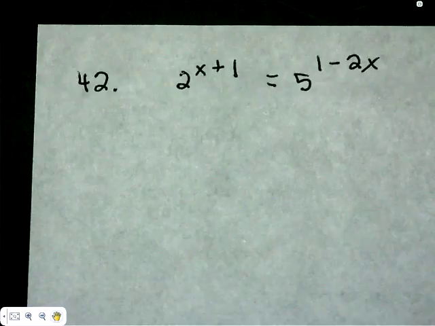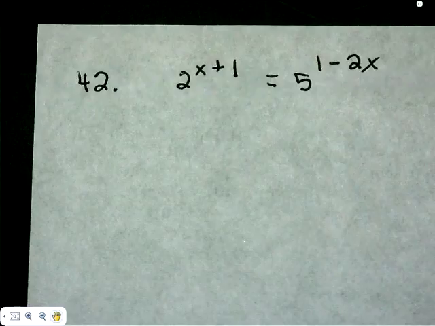What is the first question I am going to ask myself when I see an exponential equation? Can you write both sides having the same base? Because if you can, it's so much easier. But on this problem, can you write both sides having the same base? No, so we're going to have to do it the hard way.